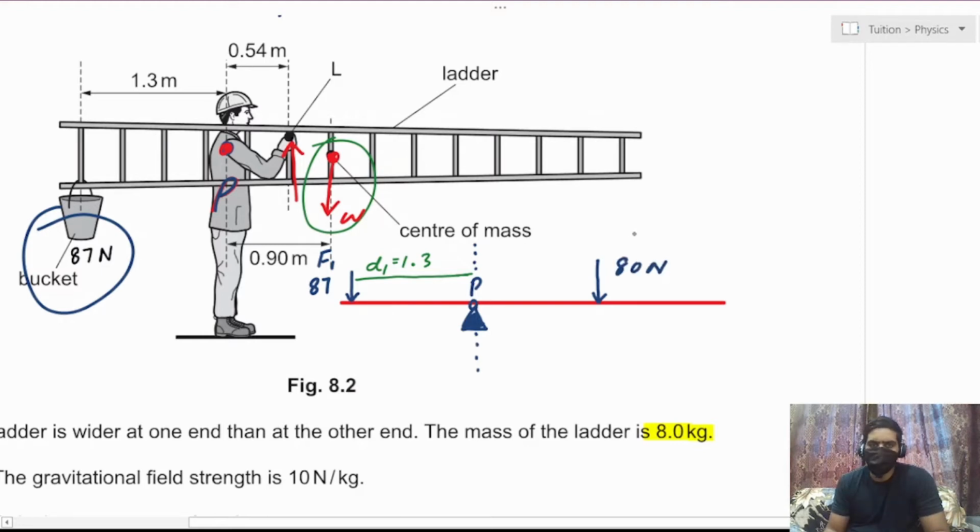You can call it F2. That is your second force. And what is the distance of this force from the pivot? Well, the distance of this force from the pivot was 0.90, right? You can call it D2, equals 0.9 meters.